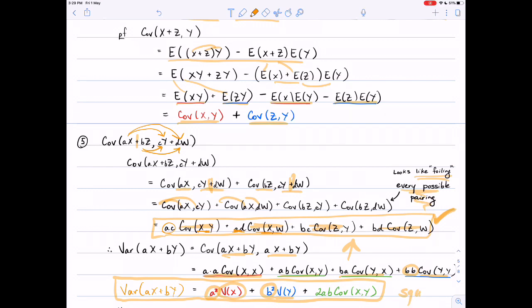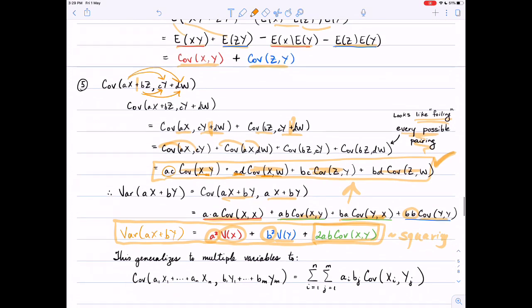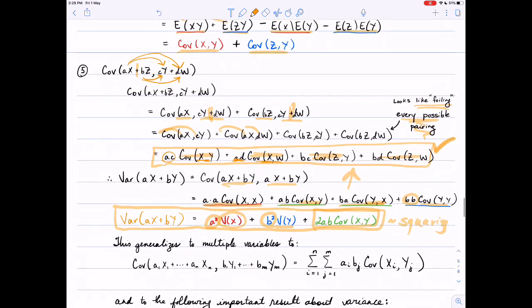If the above term is foiling, then this is sort of like squaring. Obviously, we're not actually multiplying here, but it's a good sort of memory aid. It looks like the squaring formula that you've known since high school. Then these two terms, the covariance of x, y, is the same as the covariance of y, x, and so you get 2ab times the covariance of x, y. Now this extends to multiple variables.